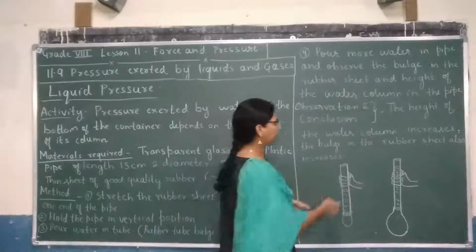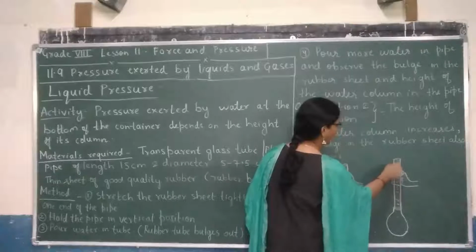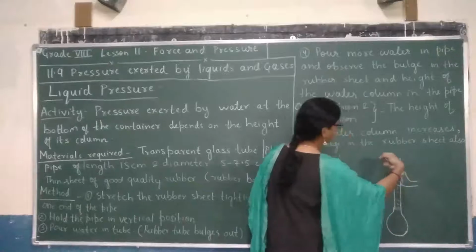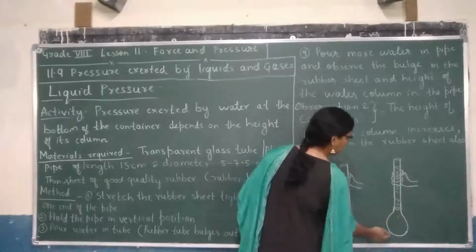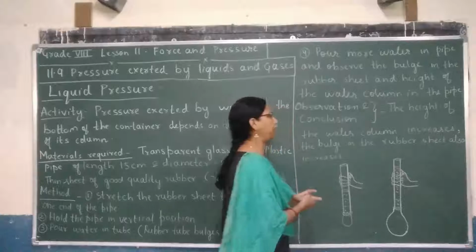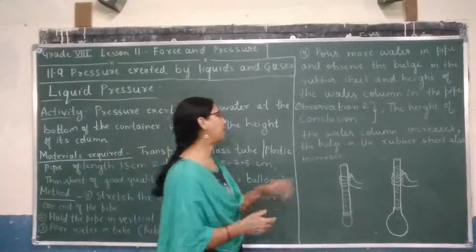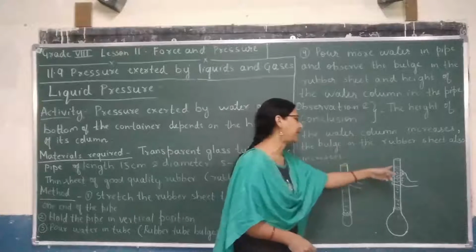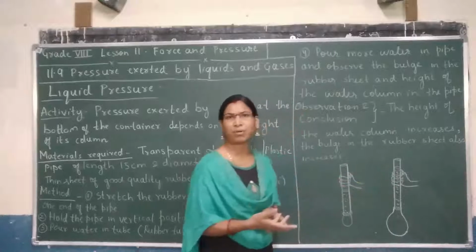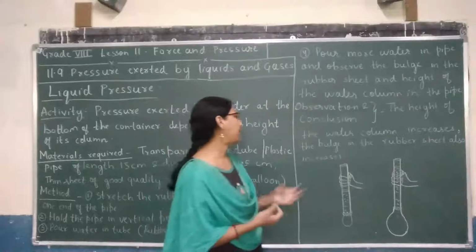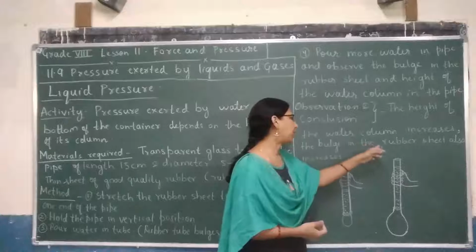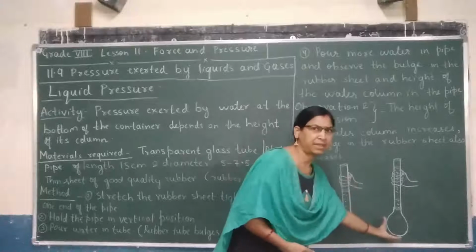You see, children, more water is poured and we are holding it in vertical position. Here you see the bulge of the rubber sheet. We observe that as we pour more water, the height of the water column increases and the bulge in the rubber sheet also increases.